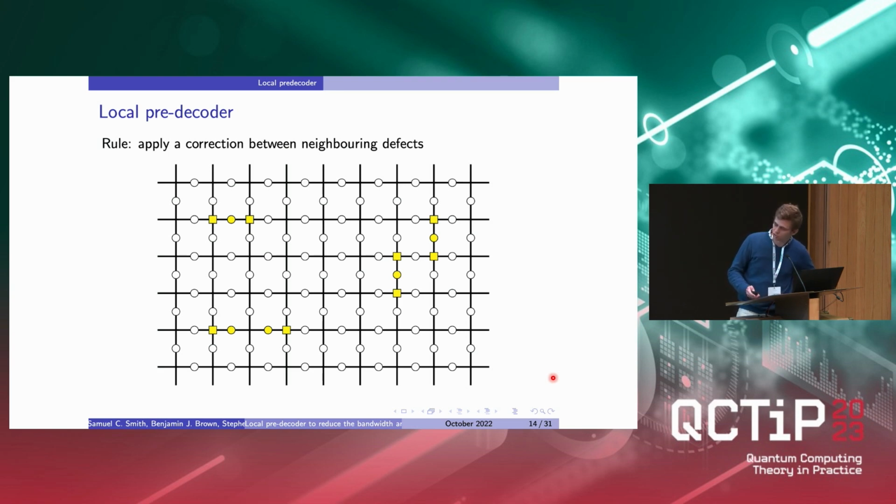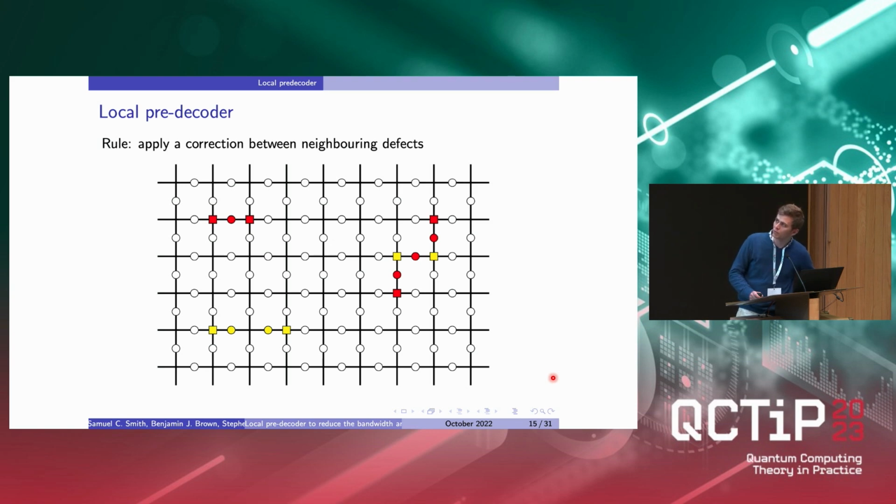So let's walk through some of these steps. Maybe I'll just make one click and explain what's happened here. On the top left, circles here are qubits, by the way. White circles are qubits without errors. Yellow circles are qubits with errors. And the yellow squares are defects. The decoder sees the squares, but it does not see which qubits are yellow and which are white.